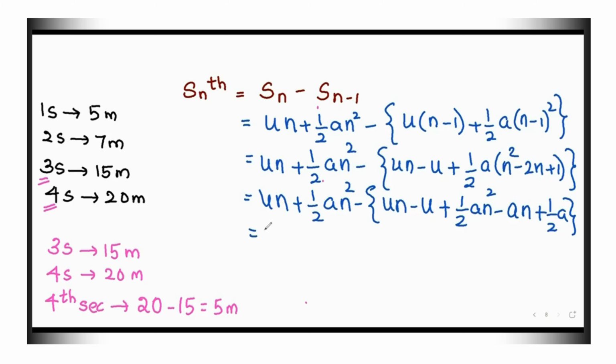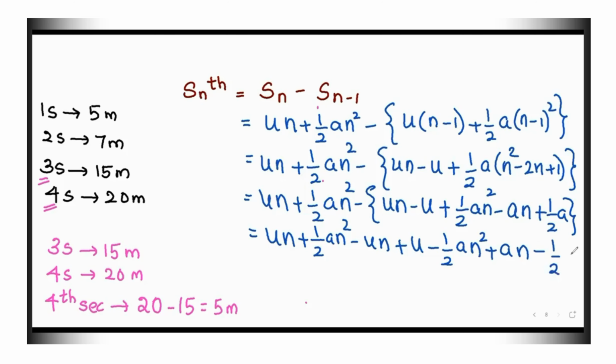Now expand the full bracket: un plus half an square minus un, minus into minus plus u, minus into plus minus half an square, minus into minus plus an, minus into plus minus half a. So you will see that un gets cancelled, half an square gets cancelled.